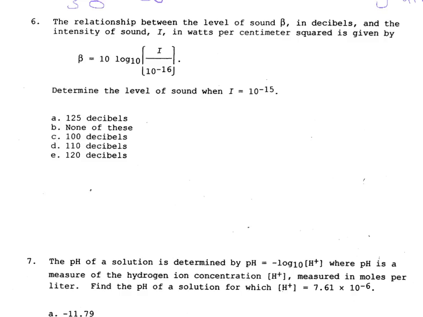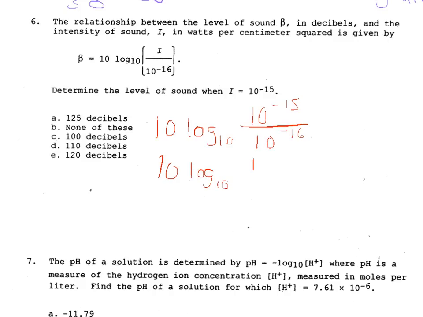For number 6, we want to know the level of sound when the intensity is 10 to the -15. So we're going to plug that in. So we have 10 times log base 10 of 10 to the -15 over 10 to the -16. And we can flip that fraction around since both of the exponents are negative.